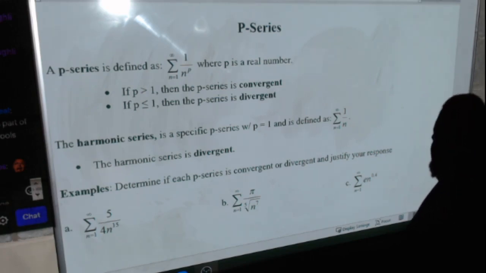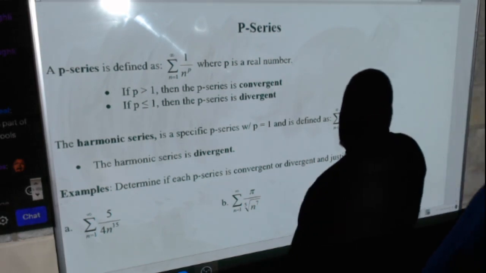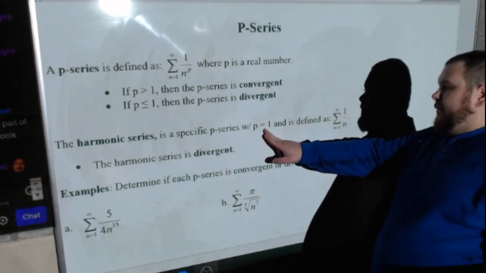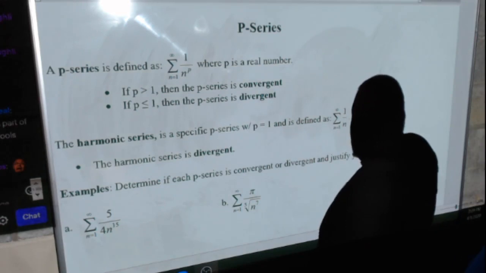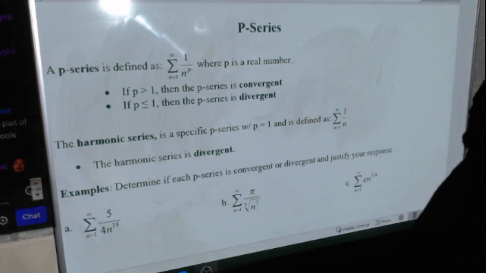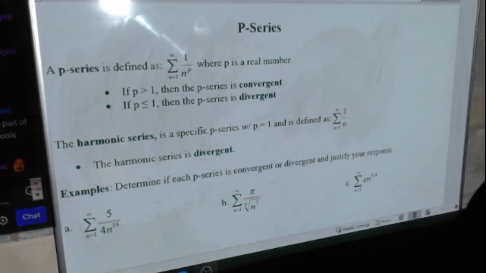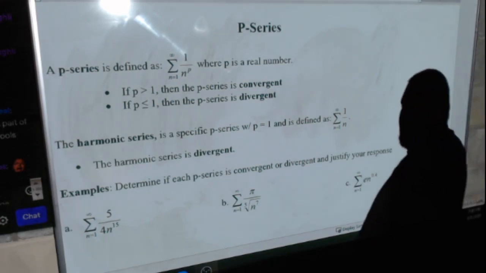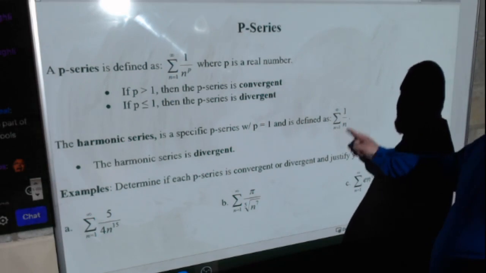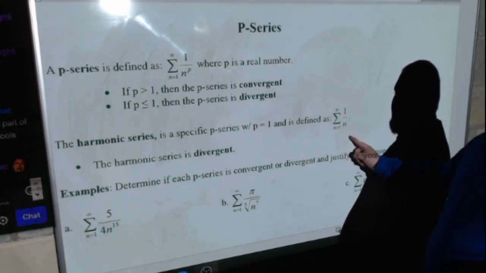There is a special p series, and that is when p is equal to 1. We call this the harmonic series. And I can guarantee you, somewhere down the line, on a quiz or test, you will see this series. It's special because if we see it, there's nothing we have to do to prove it.